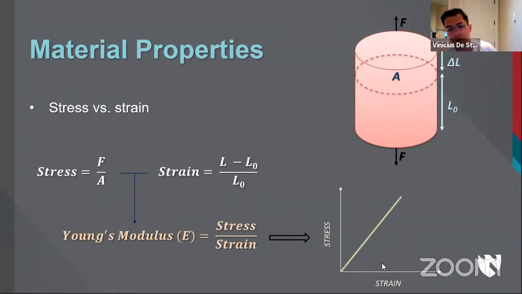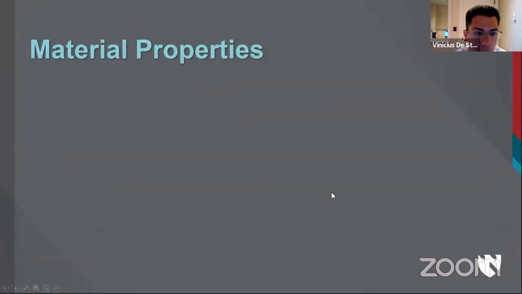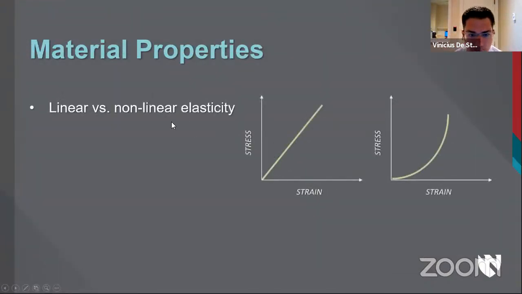Now, this beautiful linear curve here, we're only talking about linear elasticity. But the cornea, and any other biological tissue for that matter, is nonlinear. It responds to stress in a nonlinear way. So what does that mean? When the cornea is stretched, the collagen fibers within the cornea are recruited one by one. Initially, when the cornea is not under a lot of stress, it takes just a little bit of force to cause more deformation.